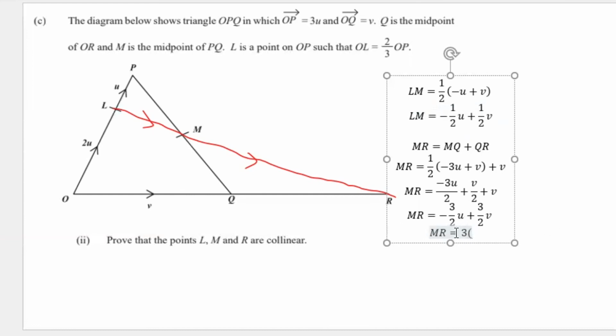What we'll have is 3 being multiplied by minus a half U plus a half V.